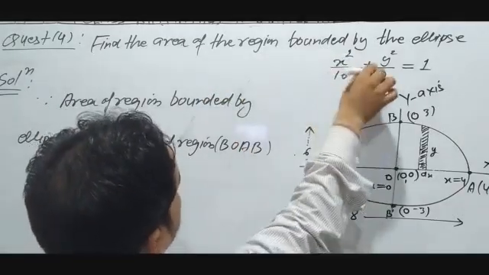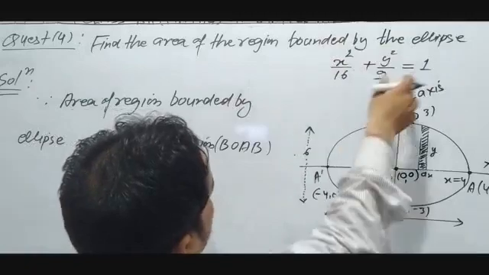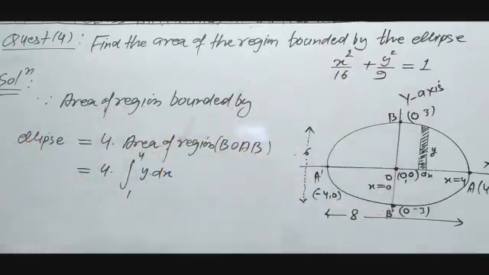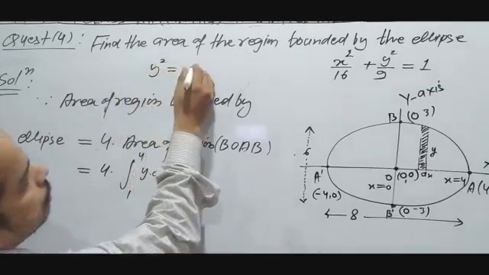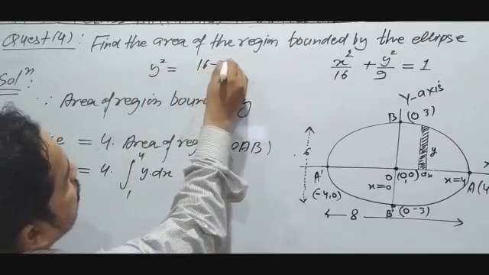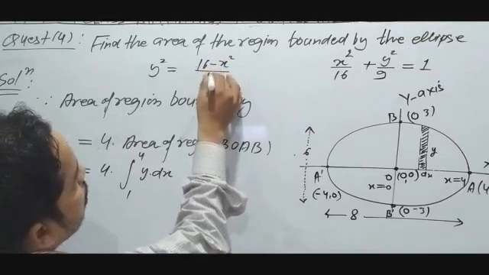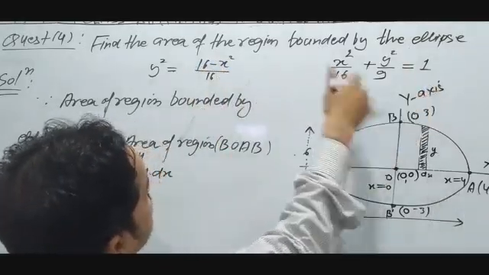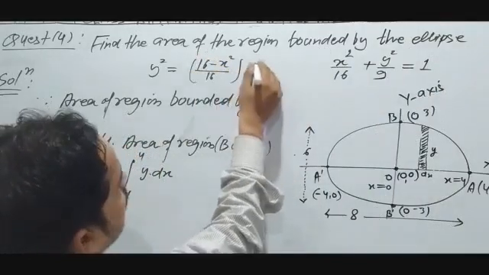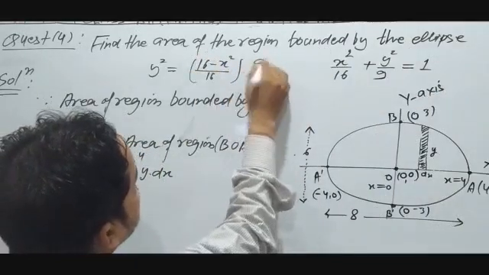When you calculate the value of y from this equation in terms of x, what will you get as the result? You will get y square is equal to 16 minus x square whole upon 16. This x square by 16 will go to the right hand side and take LCM, and this is 9.